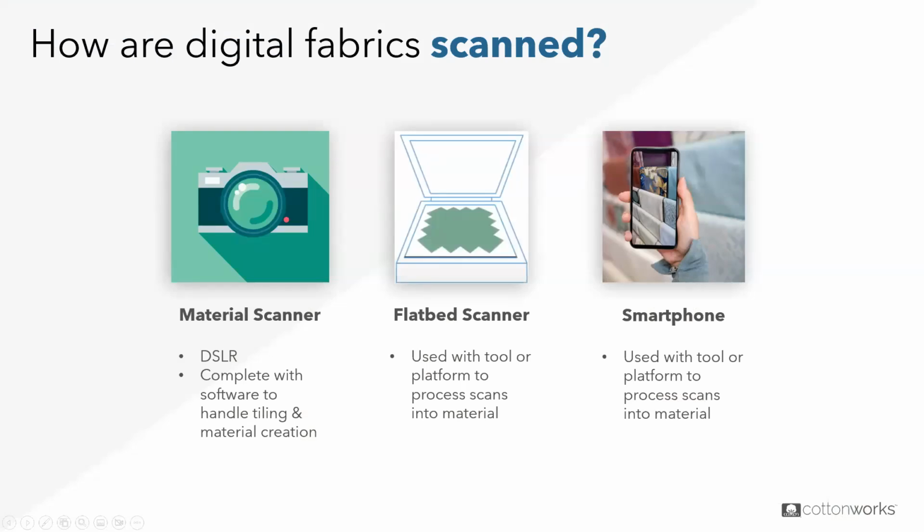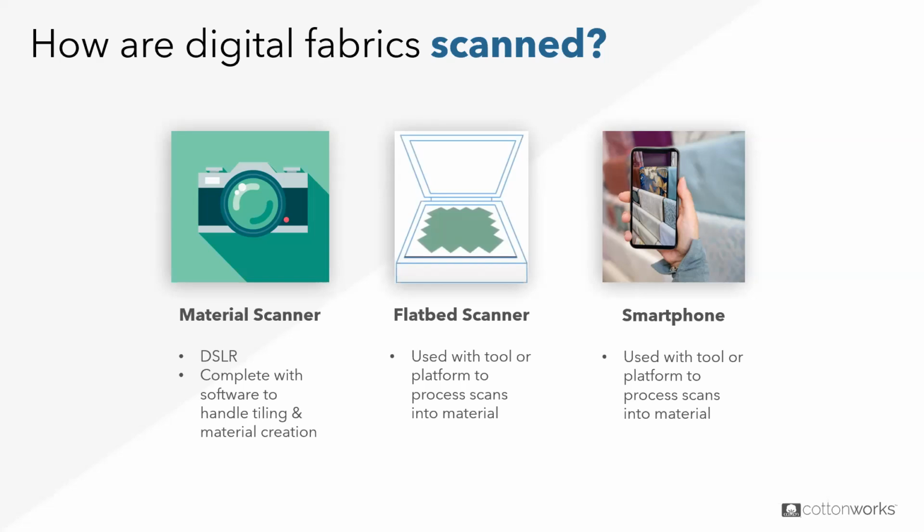The industry has three options at this point. The first one is a high-end material scanner, such as a Visu or an X-Rite, which take images of fabrics using a DSLR camera. These solutions often come complete with software to handle material tiling and the full texture creation. But they're not the only way to scan your fabrics.